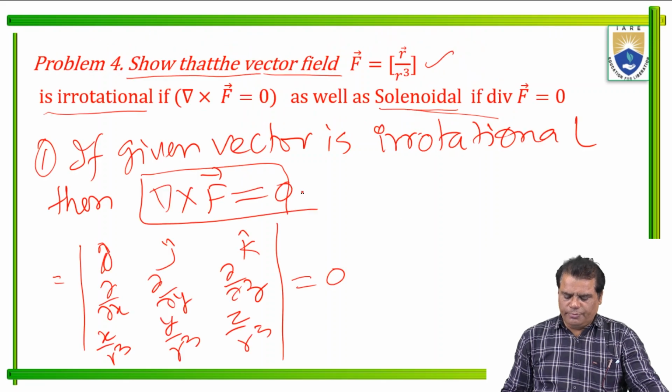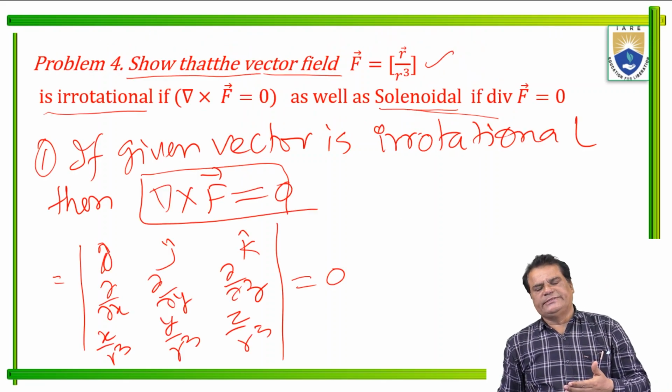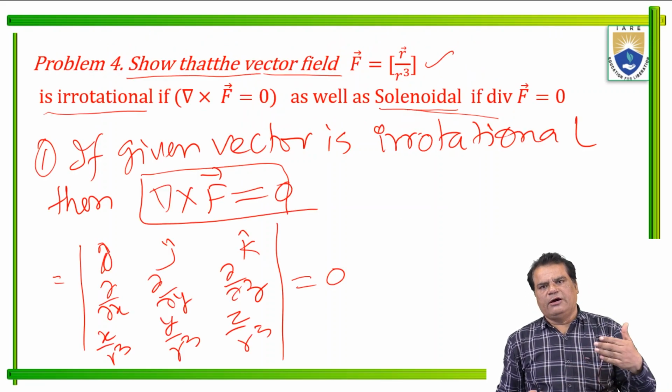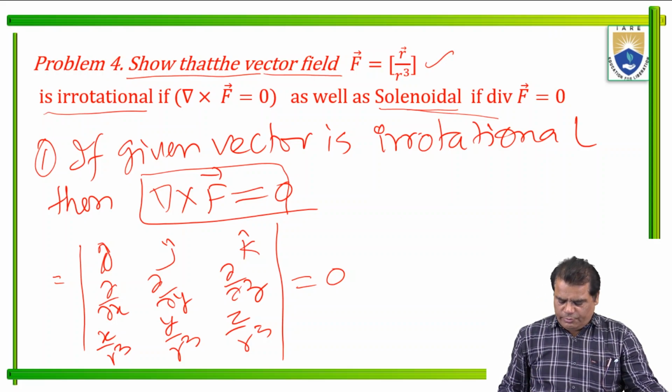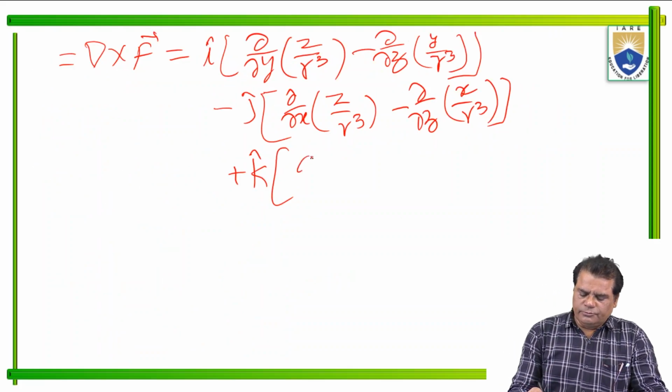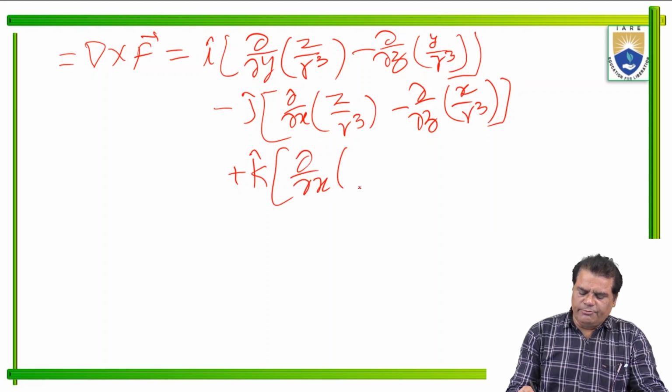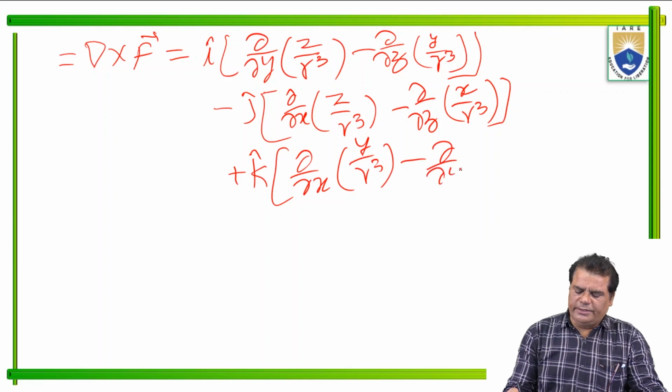So the first row and third column are cancelled. After cancelling the first row and third column, we get dou over dou x of y upon r cube minus dou over dou y of x upon r cube.